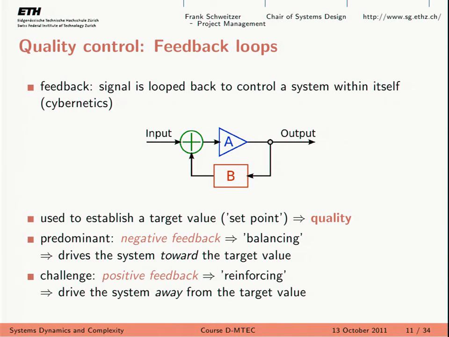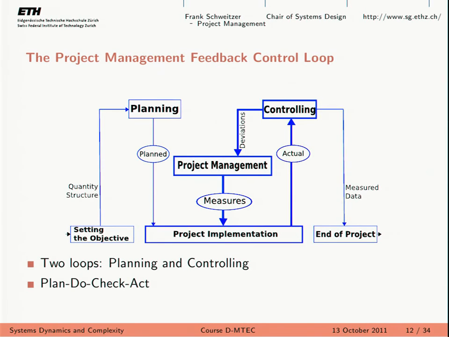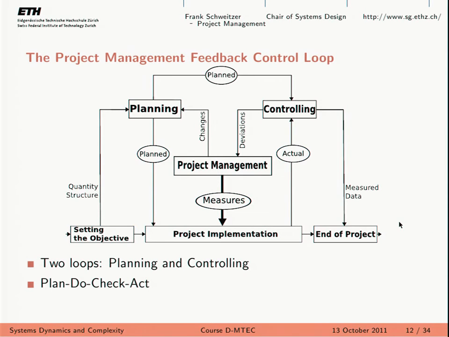And going back to this idea of feedback in general, I just want to show you the span of different feedbacks that you can have. Here we talk about quality feedback loops again, but imagine the following, right?